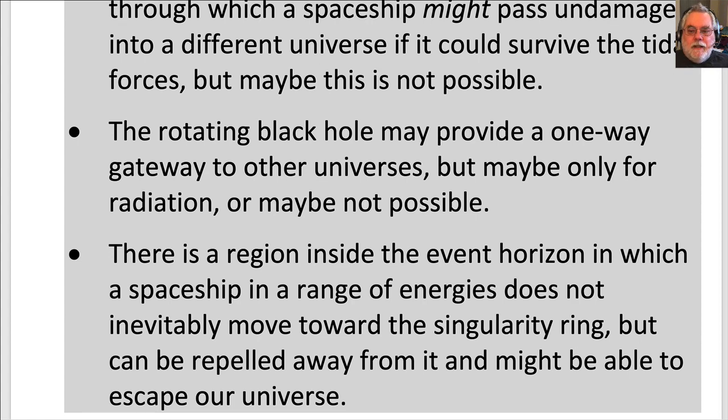There is a region inside the event horizon in which a spaceship in a range of energies does not inevitably move toward the singularity ring, but can be repelled away from it, and might be able to escape our universe.